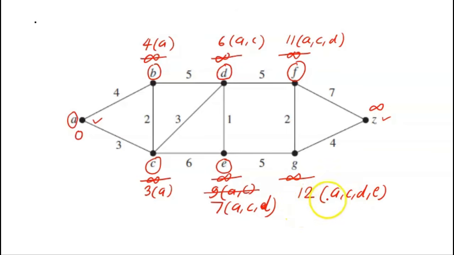But we already have a smaller weight, that is 12, so we are not going to do anything to this. And if I move from F to Z, I get 11 plus 7, that is 18. So let us relabel it and write 18, A, C, D, F, right?